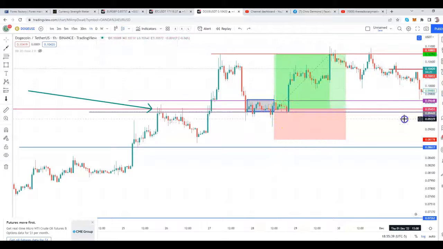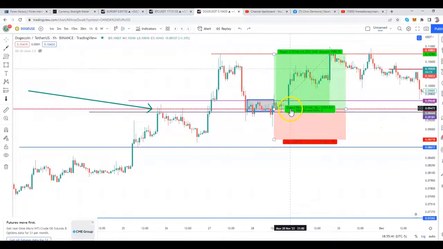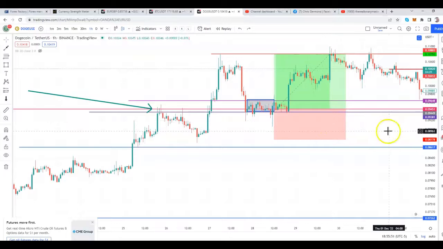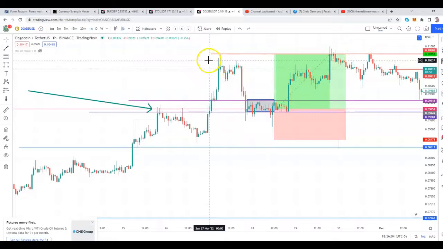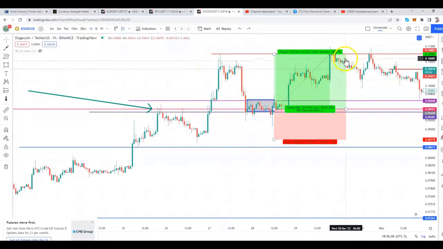These are beautiful setups. So here you have a perfect 2 to 1. That means you're risking $1 to potentially make $2, or you're risking 10 pips to potentially make 20 pips. So here you would have entered and then the trade goes your way. Now, as far as profit taking areas, we're not sure if price is going to continue to stay bullish and create a new high.